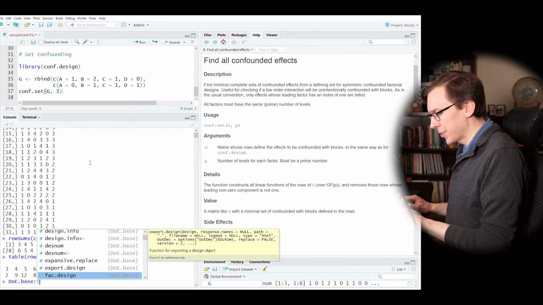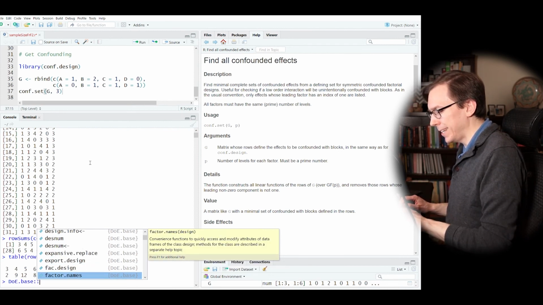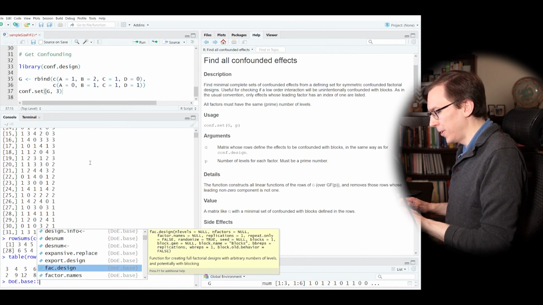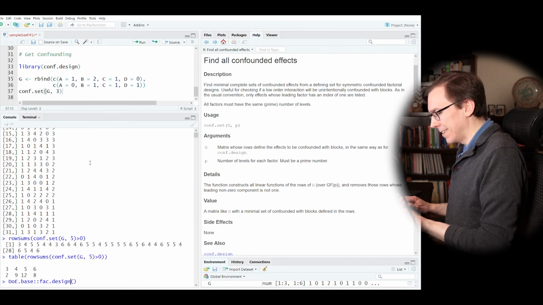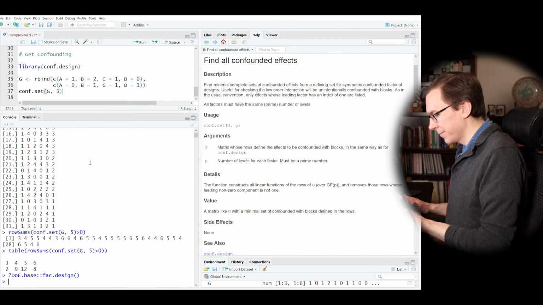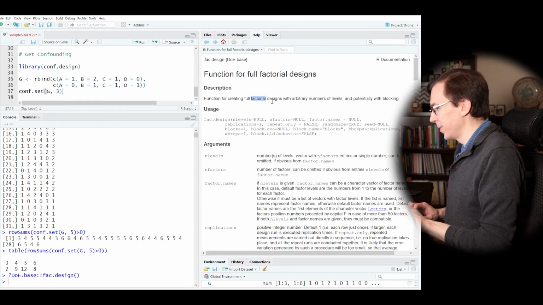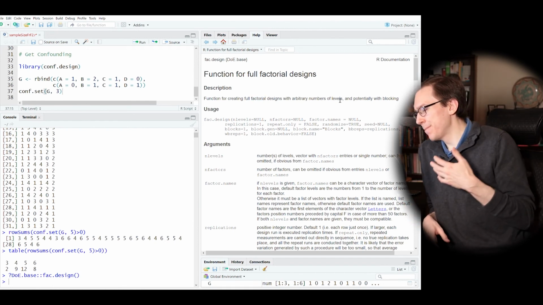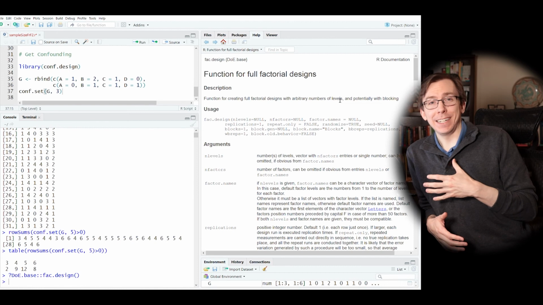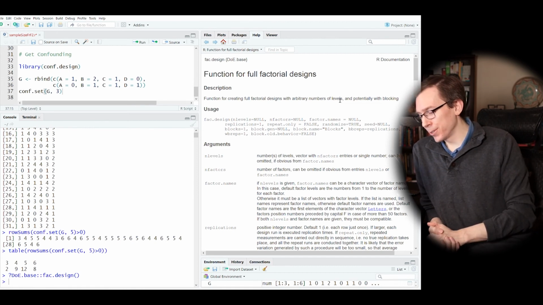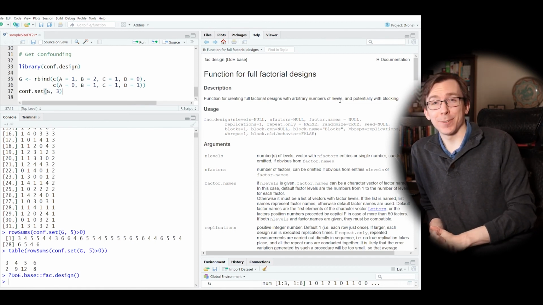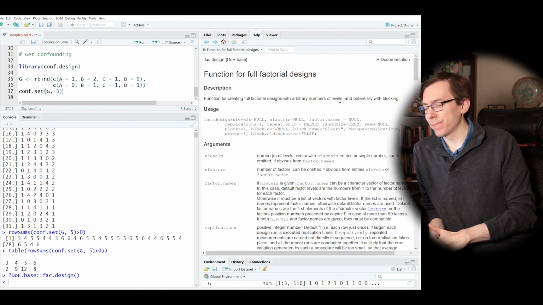There is a function hiding in the DoE.base package called fac.design, and this one will give you a full factorial design with arbitrary numbers of levels. So this one is not going to be able to do fractional designs, because fractional designs are really hard for mixed levels.